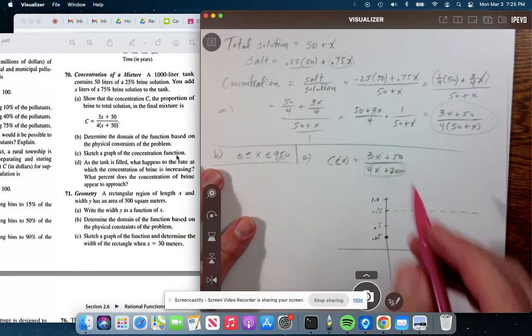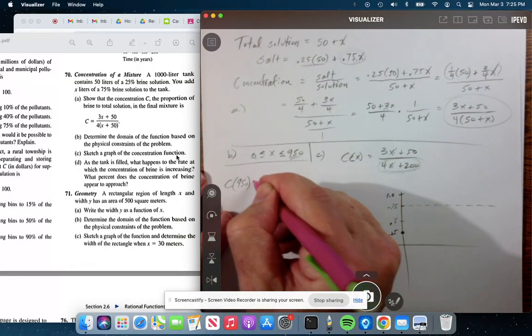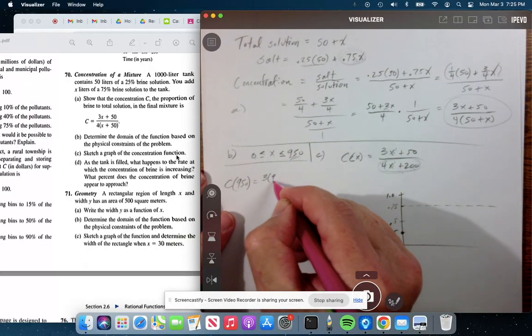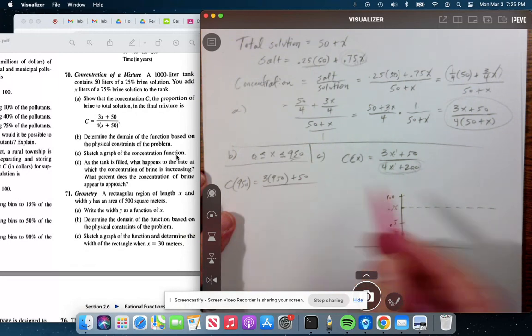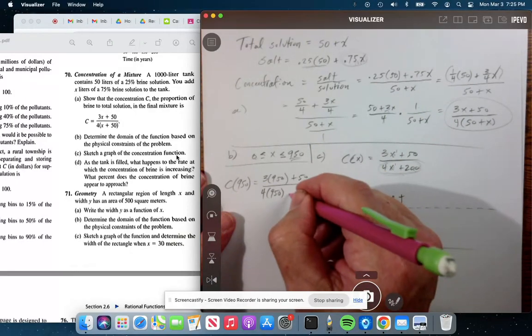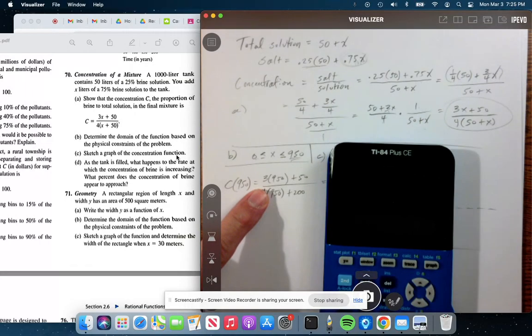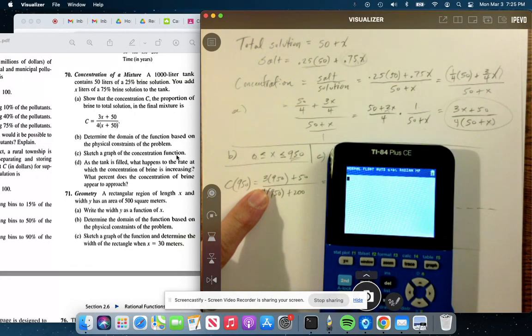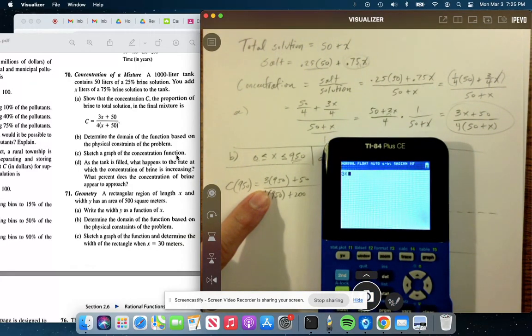What about if you add the max in there? Let's see what happens. So if I put 950 in, that's 3 times 950 plus 50 over 4 times 950 plus 200. Let's see what that gives us. Should be less than 75%. 3 times 950 plus 50.